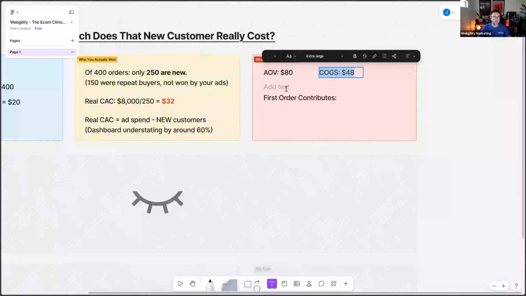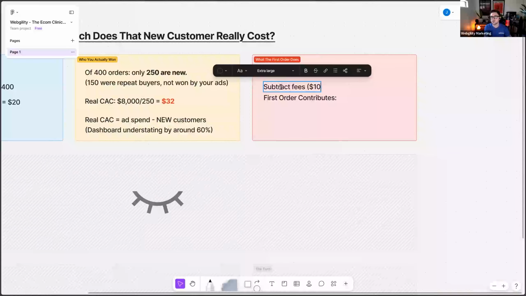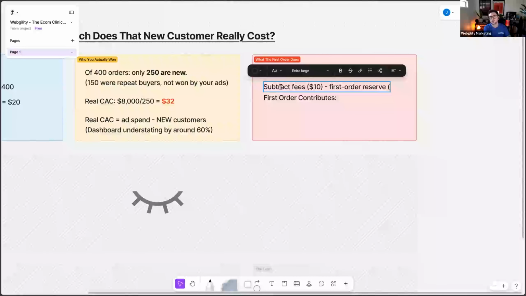we want to also work in the fees. So you want to subtract fees. We'll just call it $10 minus the first order reserve, which is $2.